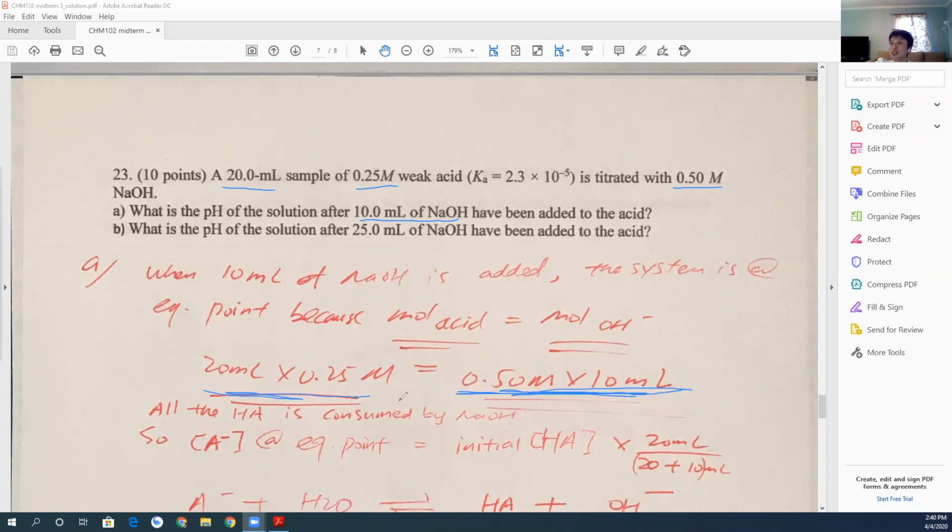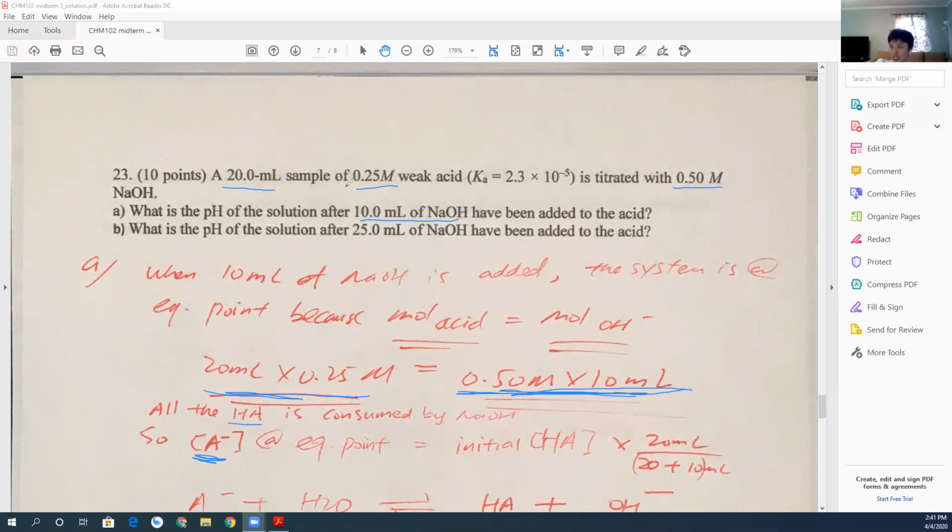So all the weak acid has been consumed by the base, and you have no HA left. All the HA has been converted to its conjugate base form. But the concentration will be smaller because the volume increased, so it's been diluted.